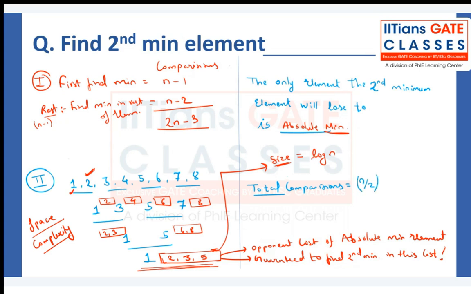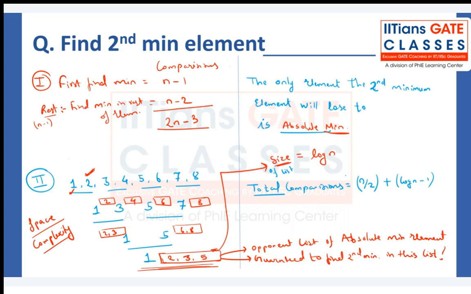And to find the minimum element from a list of size log n, how many comparisons do we need? If there was n, we needed n minus 1. If it's log n, we need, come on. Exactly, yeah. If there's log n, we need log n minus 1.